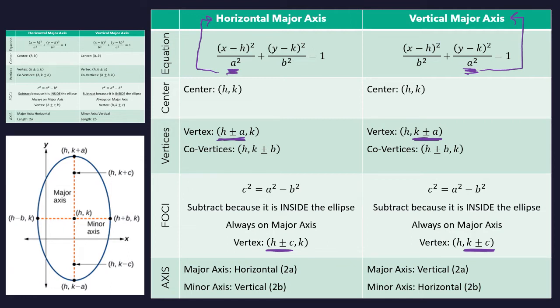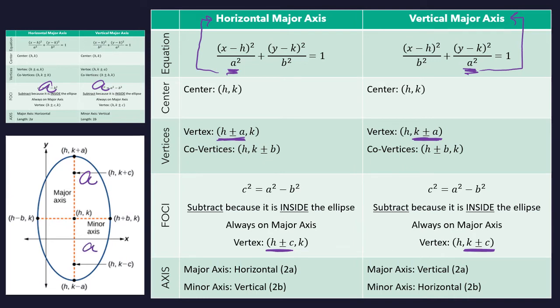Our major axis is horizontal with a length of 2a, and our minor axis is vertical with a length of 2b if you are doing the horizontal major axis, and then it switches for the y. So if your vertical axis is major, then the longer axis is always 2a. It's really just the best way to remember that. So if you think about it on these pictures, here this is a, and here this is a.